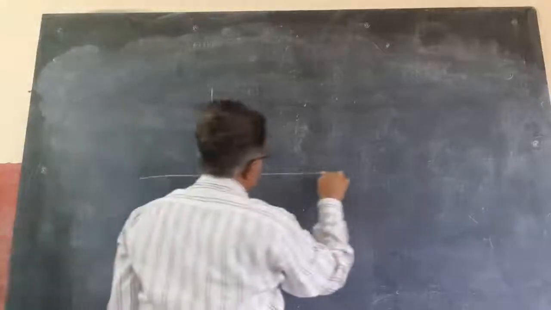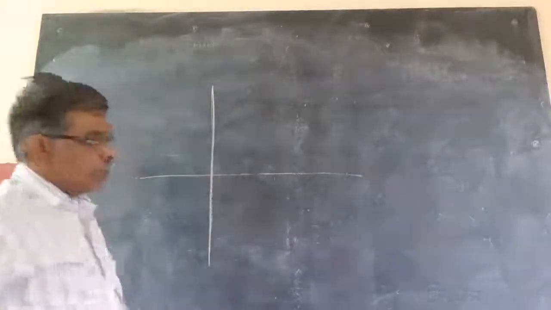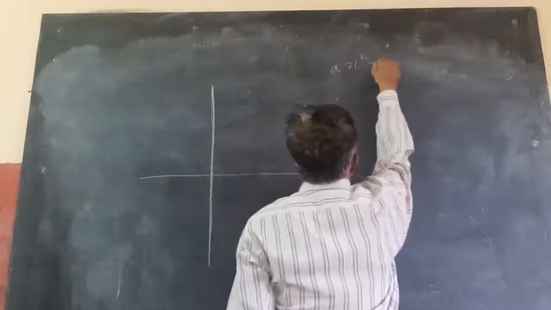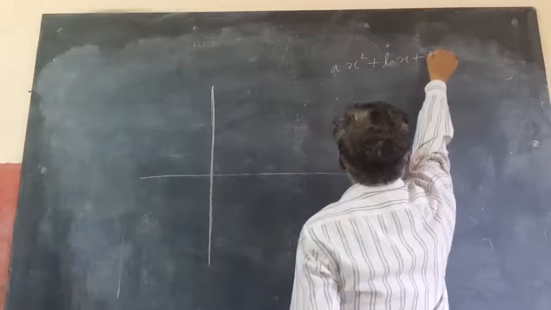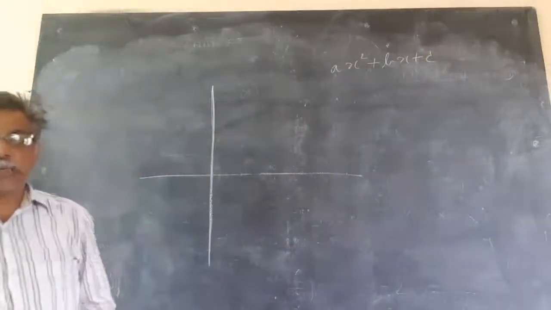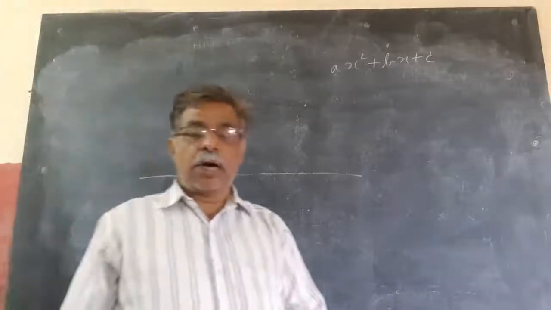You already know how to draw a graph from your lower classes. The quadratic expression ax square plus bx plus c always represents a parabola.